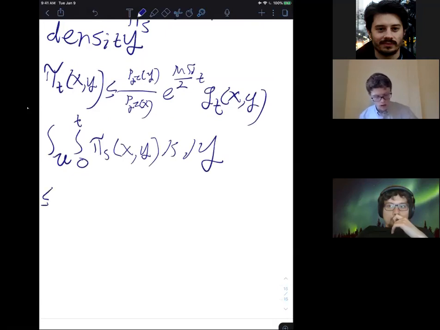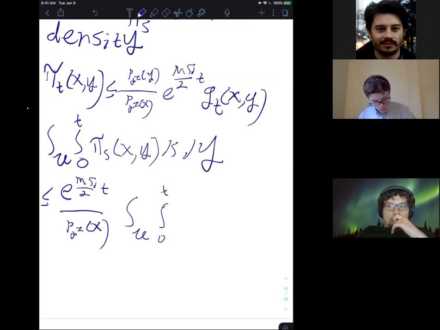I'm just going to pull the relevant factors outside: m root d over 2t over p_sigma squared of x times the integral over U, integral from 0 to t of p_sigma squared of y, g_s of x, y, ds, dy, where again, we just substitute this bound in.